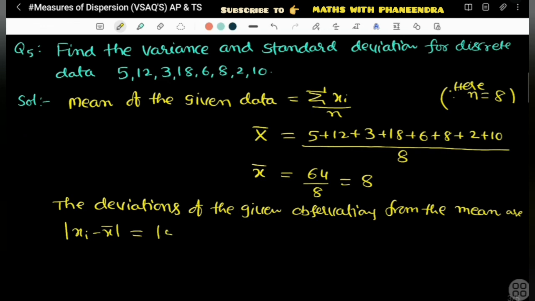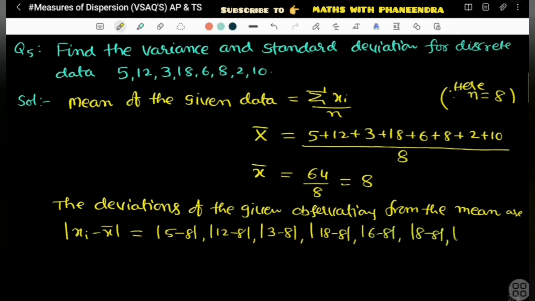So mod 5 minus 8, mod 12 minus 8, mod 3 minus 8, mod 18 minus 8, mod 6 minus 8, mod 8 minus 8, mod 2 minus 8 and mod 10 minus 8.